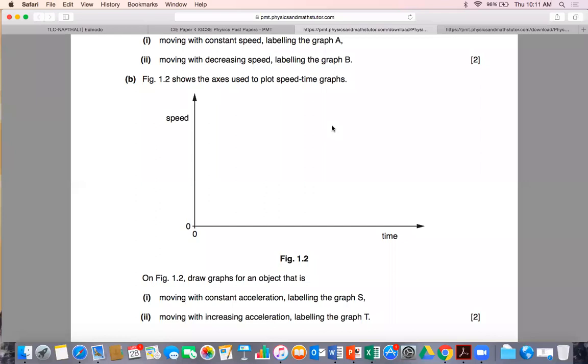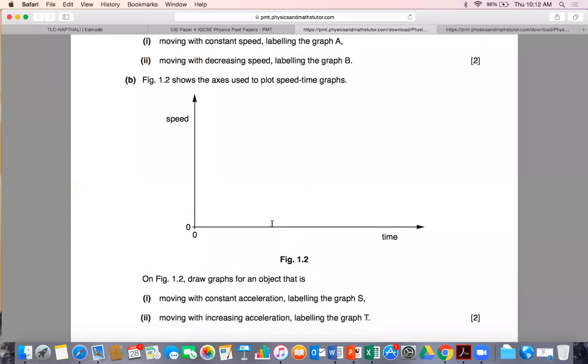Teacher, do until where? Okay, so have you all done A and B? Done A and B, yeah. B not yet. Done with A, not B. Do A and B first.